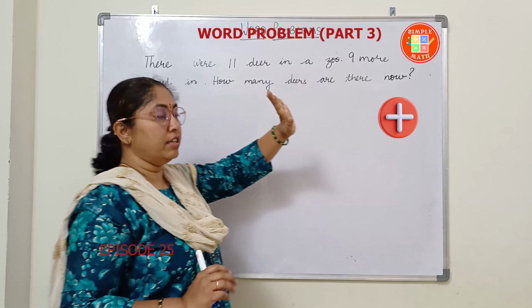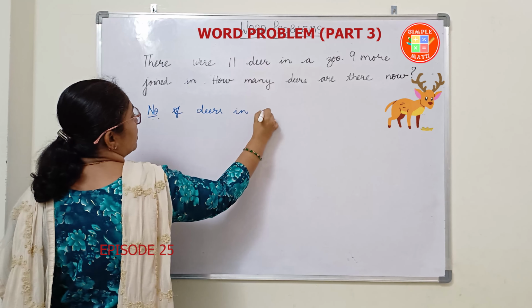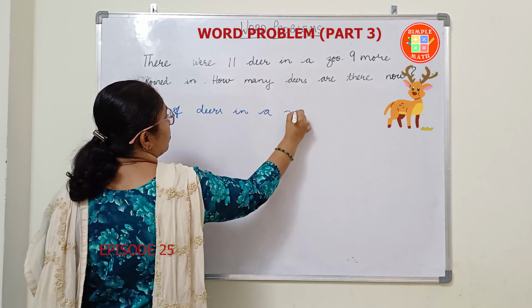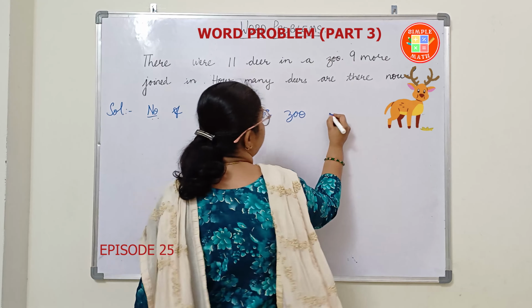Now start writing the statements for this word problem. Number of deer in a zoo. What is the first statement? Number of deer in a zoo is equals to, what is the number here? 11.